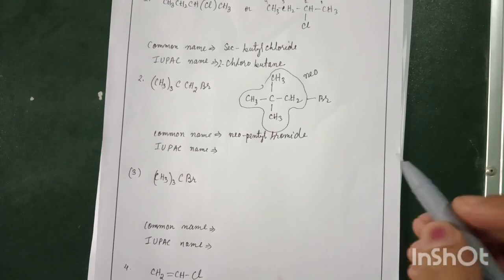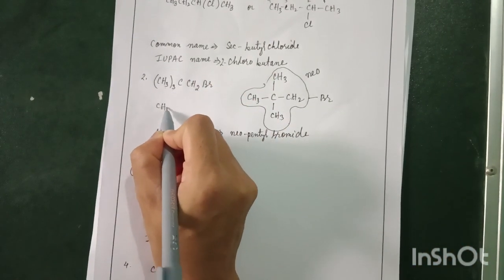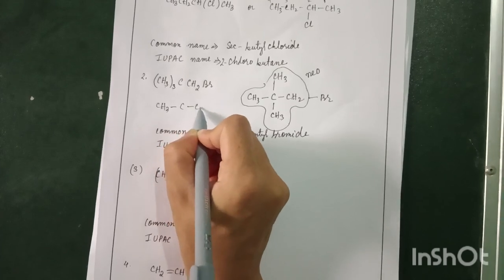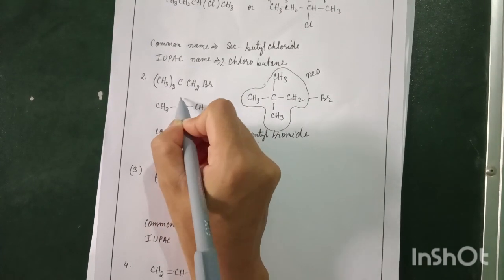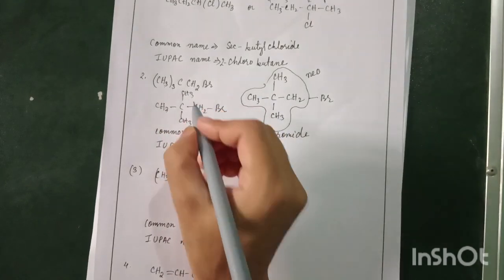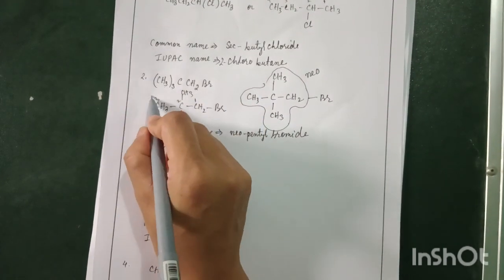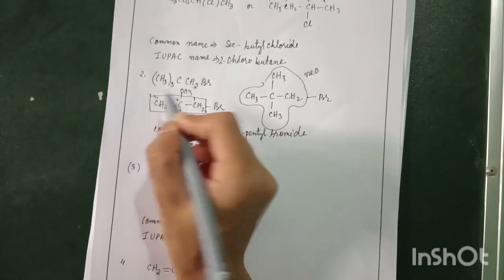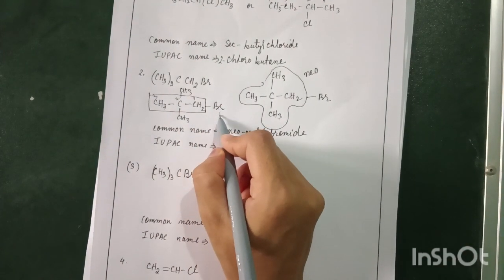Now for the IUPAC name, let me count it. Let me also draw the carbon compound once again. CH2Br, then CH3, CH3. I will count the number of carbons in the chain: 1, 2, 3. These are the carbon chain. Now we always have to start with the halide.